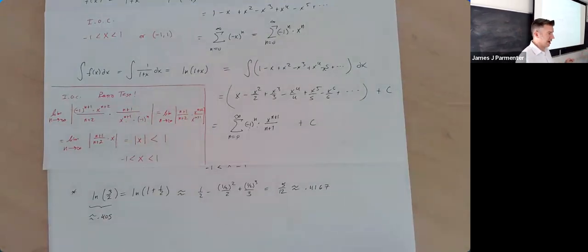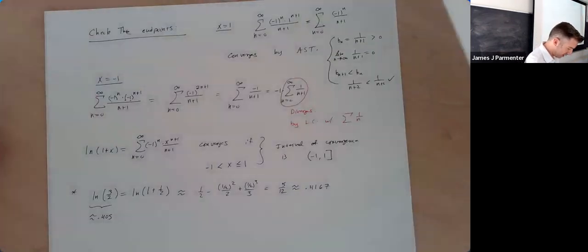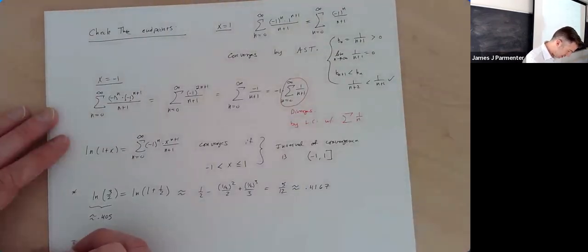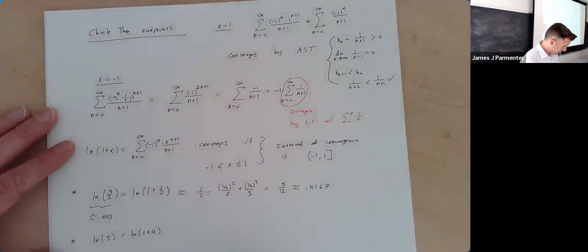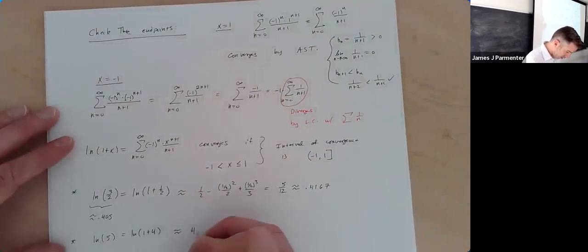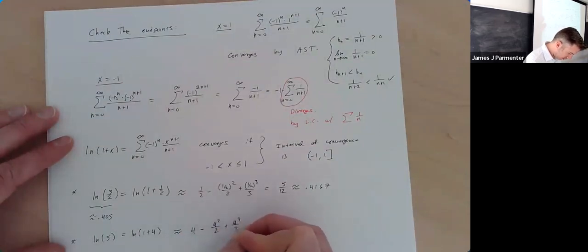Here's the point I want to make, though. I don't really care so much that this is a good approximation. We can find the natural log of 3/2 many other ways. But if you pick a number for x that is outside of the interval of convergence, you don't get that these are matching up. What you get is, say, for example, if I want the natural log of 5, which is the natural log of 1 plus 4, it is not going to be approximately equal to 4 minus 4 squared over 2 plus 4 cubed over 3.